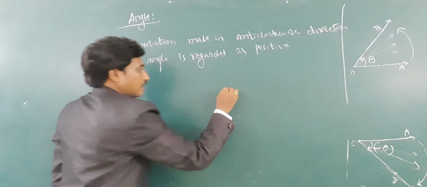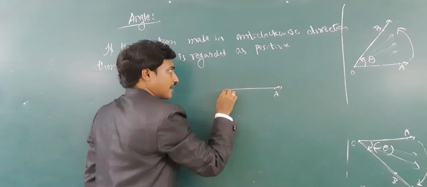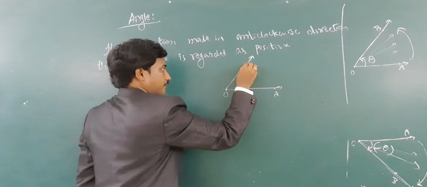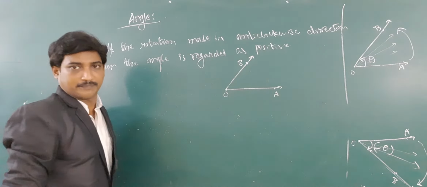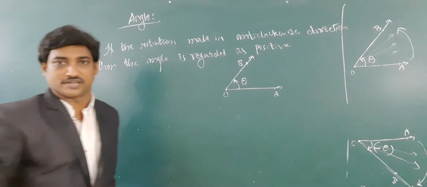Here OA is the initial ray, OB is the terminal ray. It is rotated in anti-clockwise direction. Then the angle is regarded as positive, plus theta.